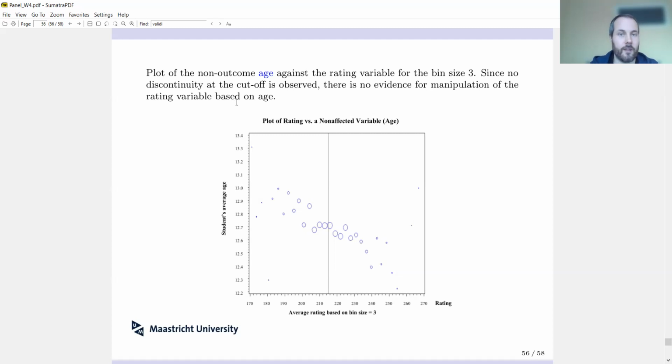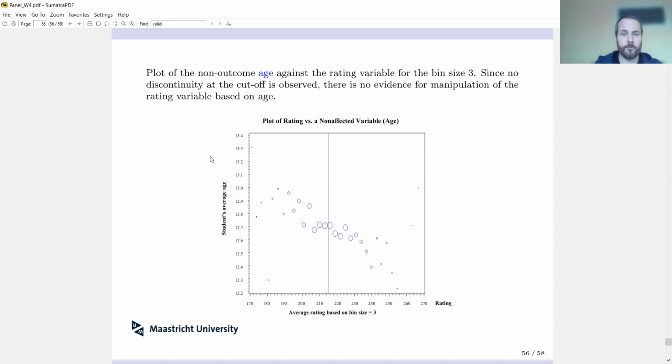But of course, it doesn't allow you to prove the validity of the RDD design, right? It just makes it more plausible because you don't find evidence against the RDD design. That's something very different from finding evidence in favor of the RDD design, right? So these plots are only there in order to find evidence against the regression discontinuity design. We cannot prove that it's valid using these plots. We can just make it more plausible.